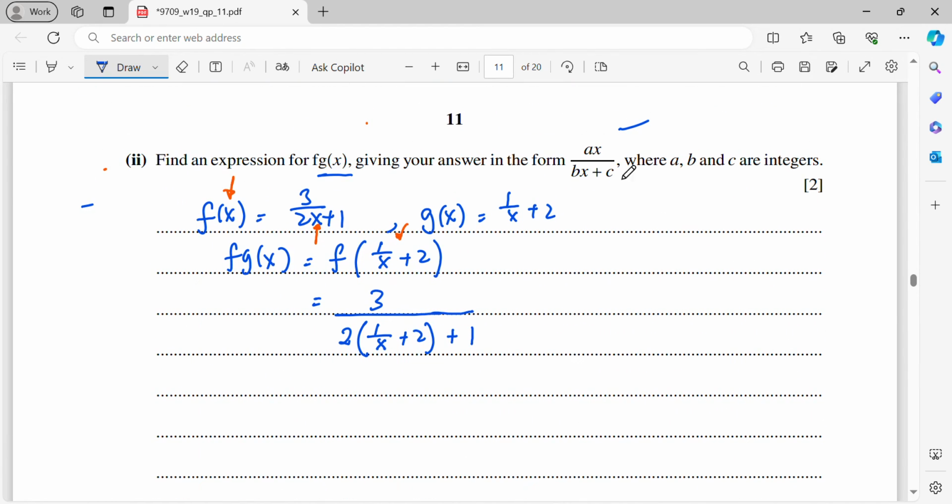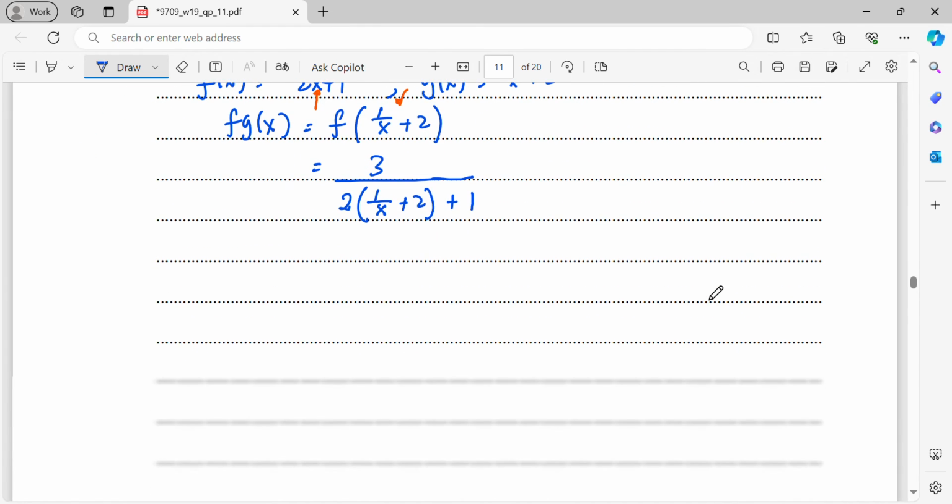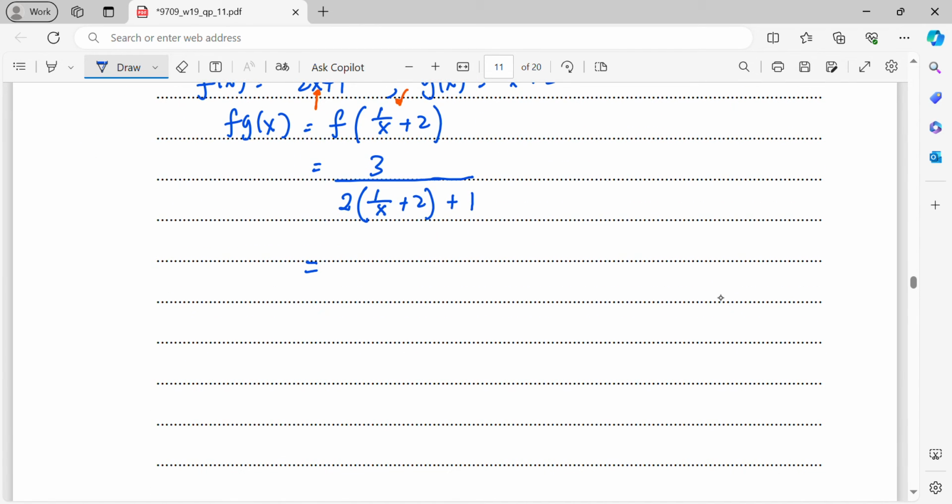Now, since we need to get this as the final answer, I will simplify my denominator first. So what to do is retain the 2, and change the terms inside the bracket to have the denominator of x, which means here over x, 1 plus 2x. Then plus 1.